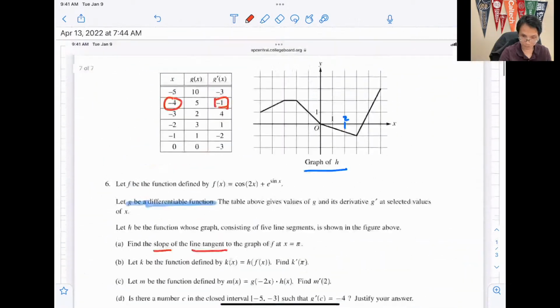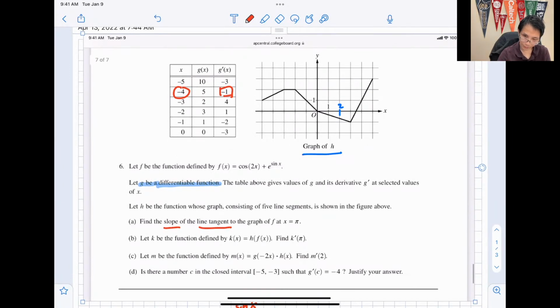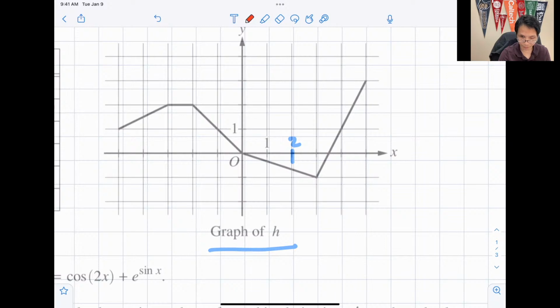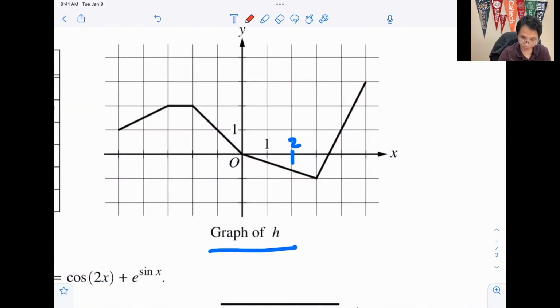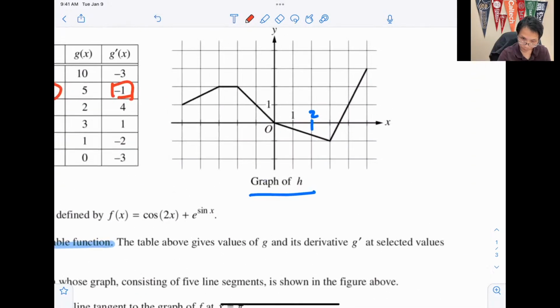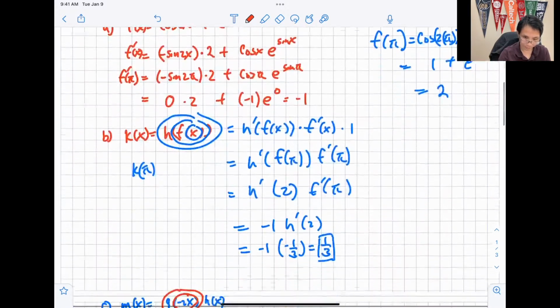And h of 2, well, h of 2 is kind of hard to figure out because this is going down 1, right 3. So if I go down 1, right 3, it's 1/3, right? And if I do 2 here, it's 2/3. Does that make sense?